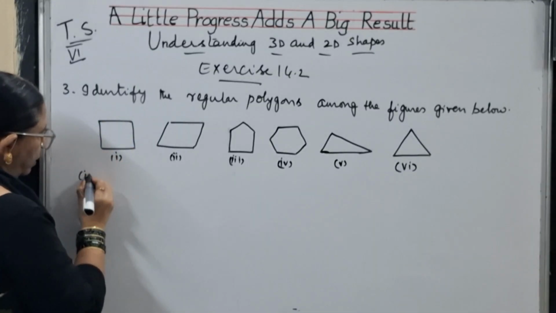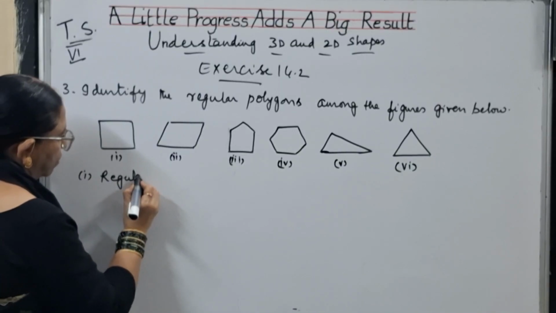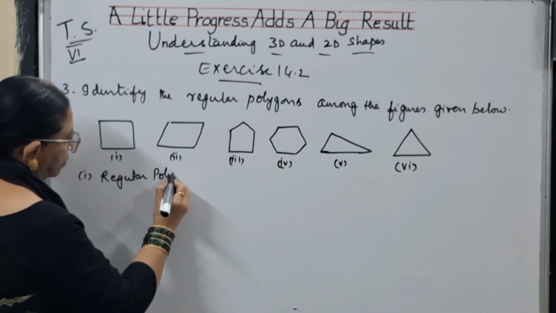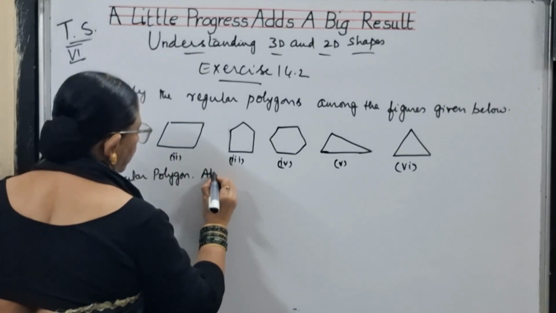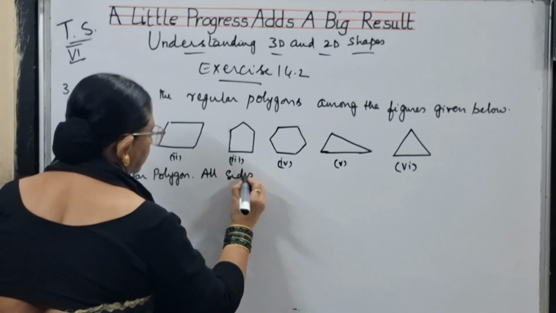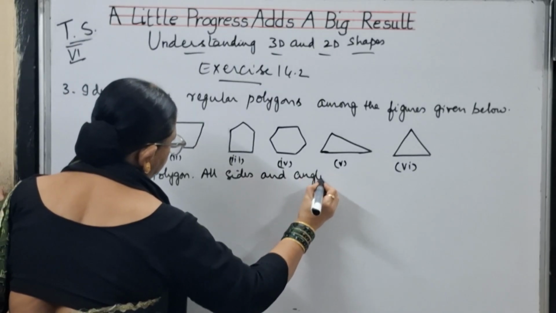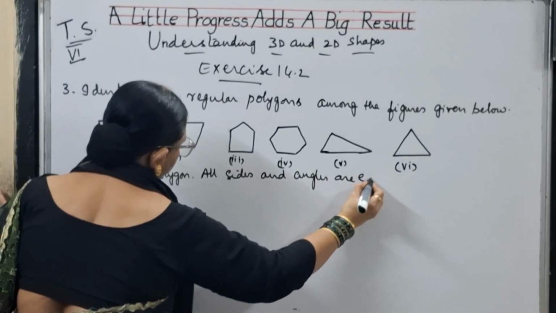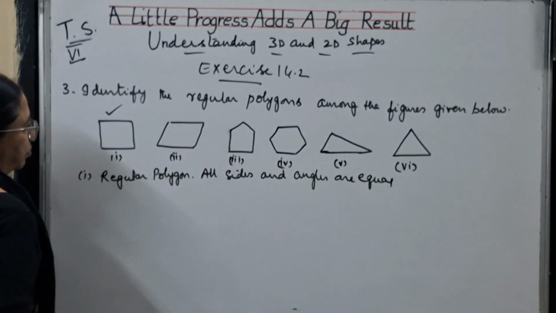So the first one is a regular polygon. Why do you say so? All sides and angles are equal. So we call the first one a regular polygon.